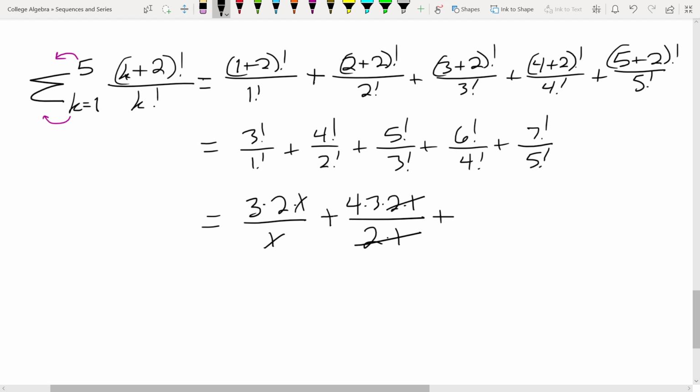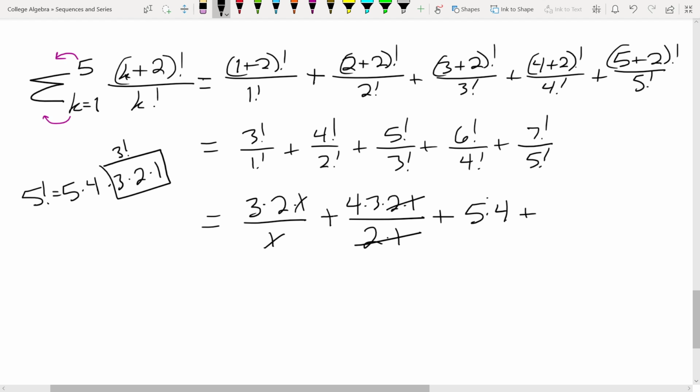Okay, this same reasoning we can do for the rest of them, because 5 factorial does have 3 times 2 times 1. This portion here is just 3 factorial, and those will always cancel. So really, this next one is just going to be 5 times 4.